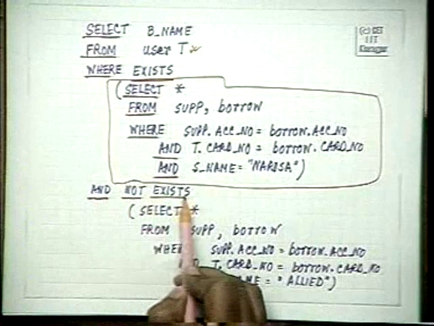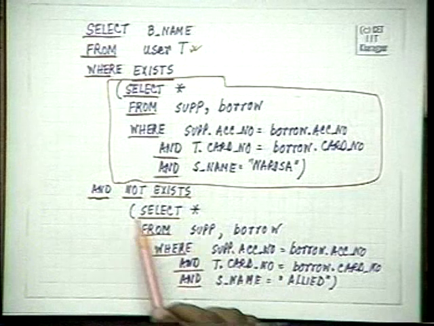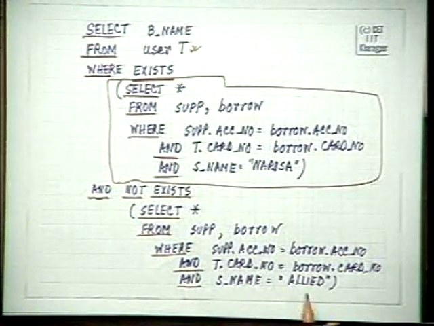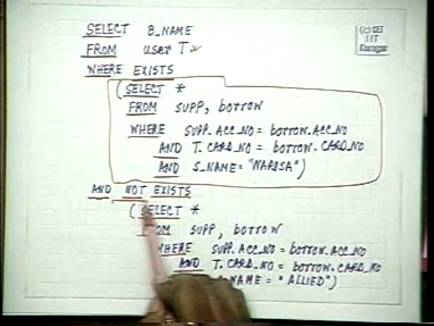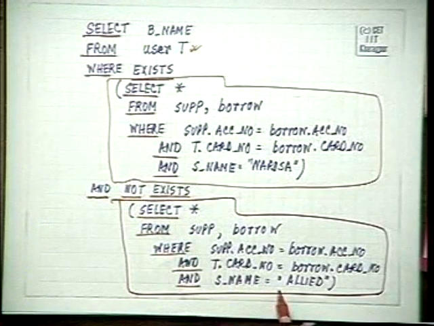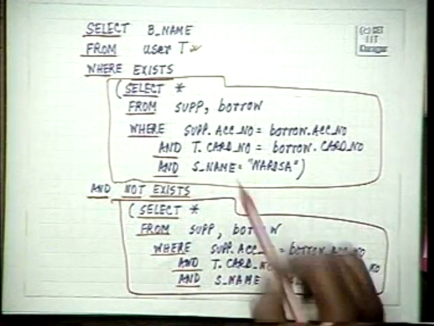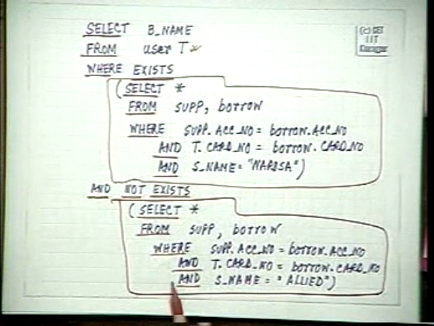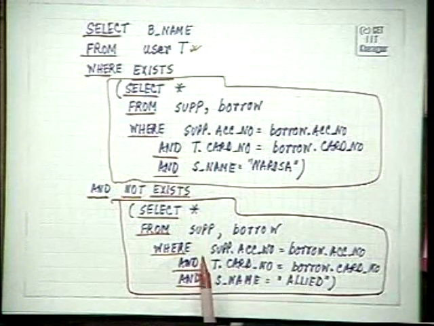And let us see what this complete one means. It is the same thing, just I have put in Allied instead of Narosa. So this part says that this particular borrower has the list of all items which this borrower has borrowed, if it is supplied by Allied. This will give you the name of all borrowers who have borrowed at least one book by Narosa and no book by Allied.